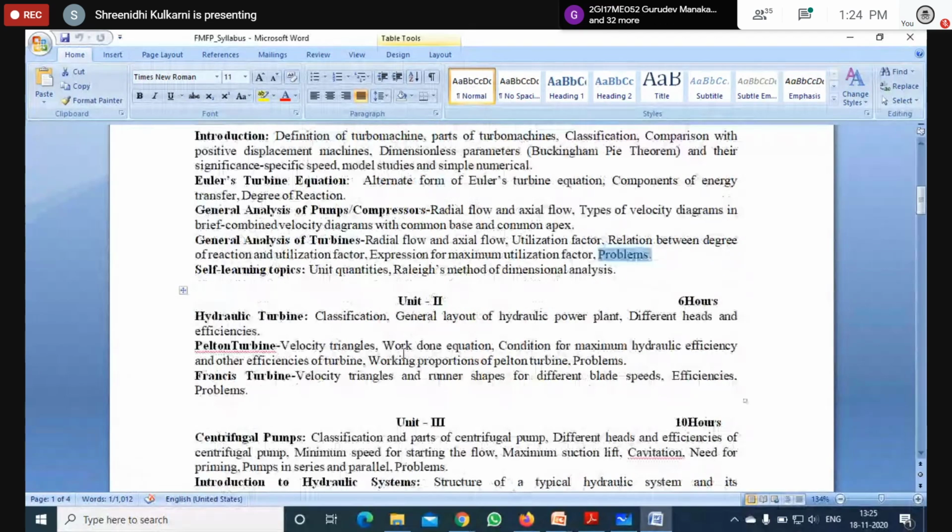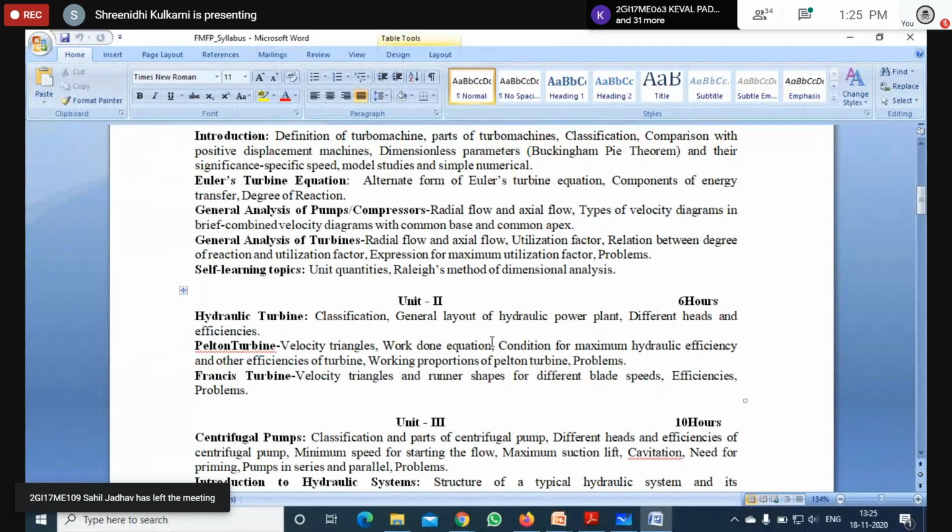So next, unit 2, design of hydraulic turbines. Here you'll get the classifications and the general layout of a hydraulic power station or power plant, and in that, the different heads as well as efficiencies. Here you can see Pelton wheel and the Francis turbine.